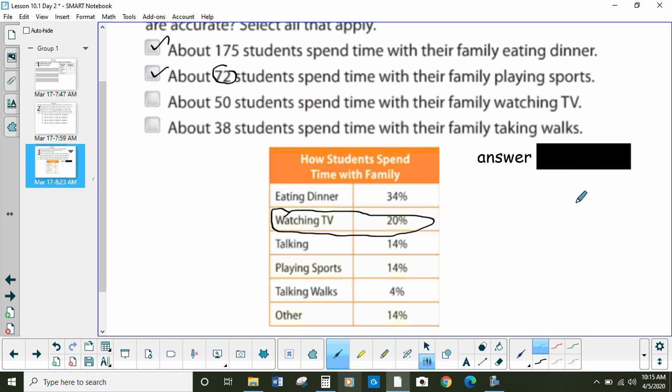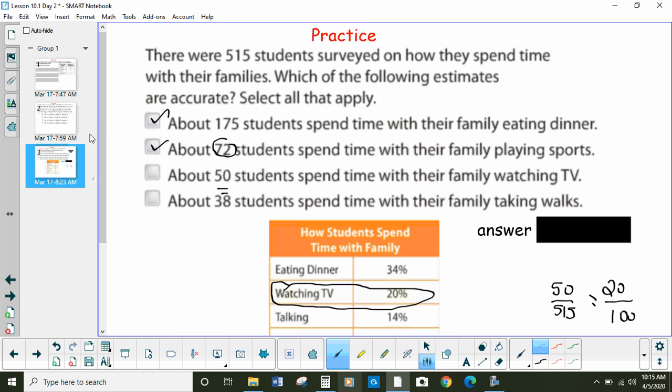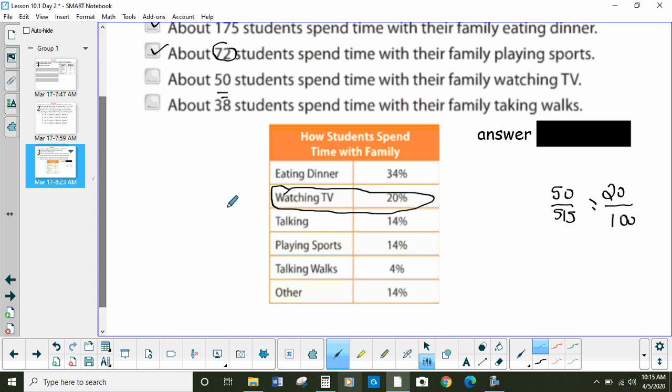So if it is 20%, that's 20 out of 100. Will that be proportional to 50 out of 515? Because 50 are watching TV and 515 was the total. They gave that to us, remember, up here at the beginning of the problem. So I have TV over total, percent over 100, and 50 over 515.